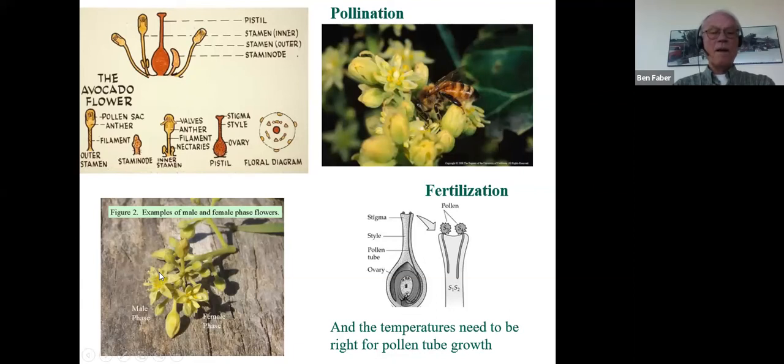So the thing about the avocado is that this is an artificially created image right here. Avocado flowers are either in a female stage or a male stage. So you don't normally find male and female like you see here, open at the same time.